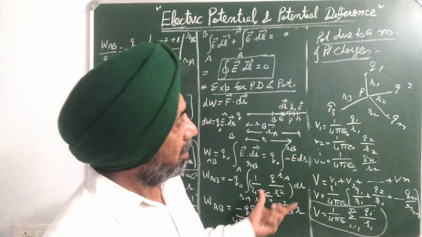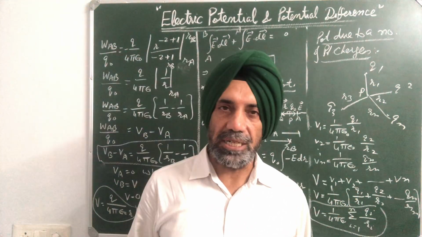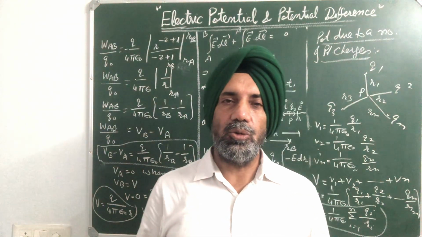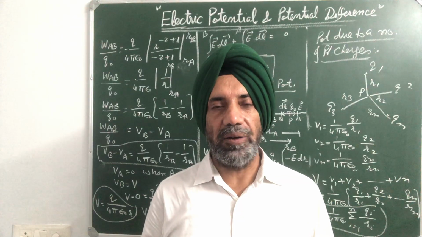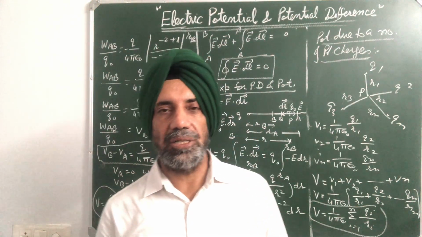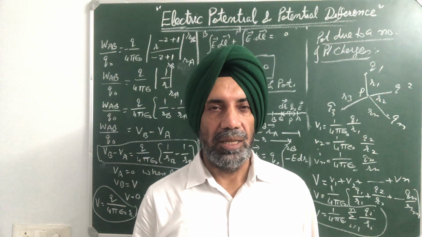Also we have calculated electric potential due to a number of point charges. In the next video, I will discuss electric potential due to a dipole at a point on the axial line and equatorial line. Also, we will obtain the relation between electric field and electric potential.